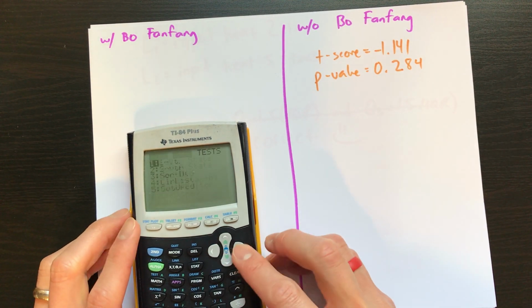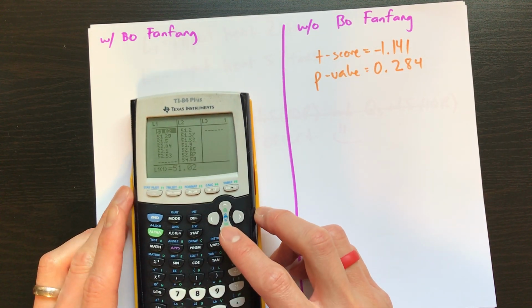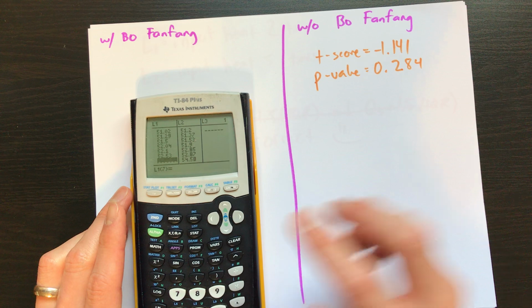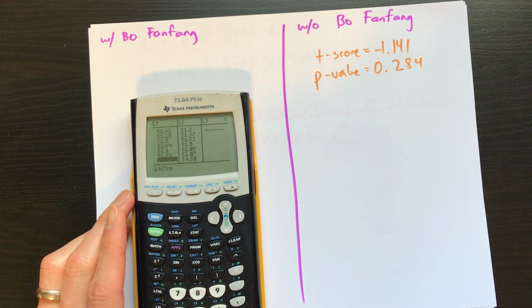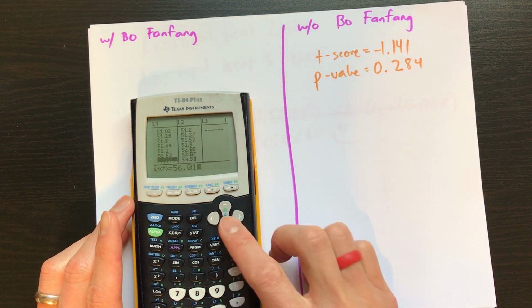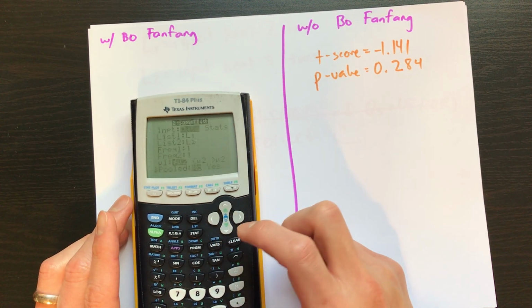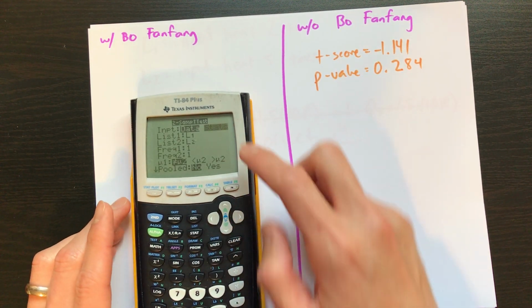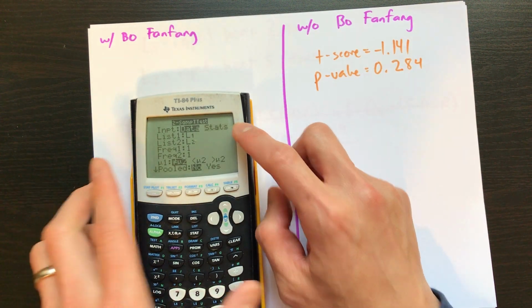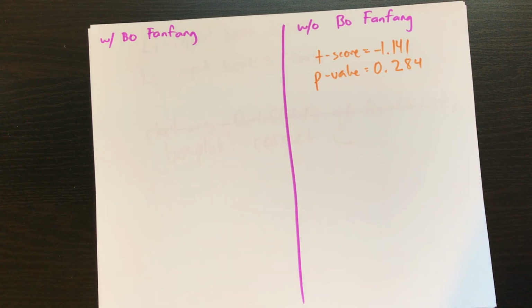All right. So let's compare that to with the outlier in. So I'm going to go back to my list, edit, and I'm going to re-input her time, Bofanfang's time, 56.01. Okay, and I'm going to go to stat, test, again. So you can go to stat, and you can recalculate. Remember the example we did a little bit earlier today?